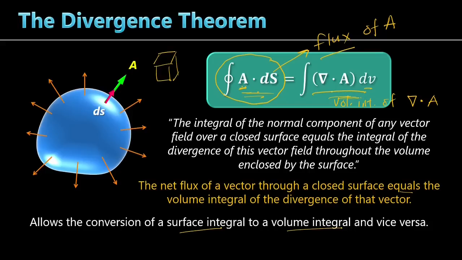Or, kung nahihirapan kang i-evaluate ang volume integral, ito mismo yung problem. Kasi hindi mo alam kung paano kumuha ng divergence. No, ang gawin mo na lang, i-convert mo na lang siya into a surface integral if that is easier for you. Okay? Halimbawa, kapag sphere ang involved, alam naman natin yung surface niyan ay iisa lang. No? Yung surface ng sphere, unlike this na may 6 na surfaces.